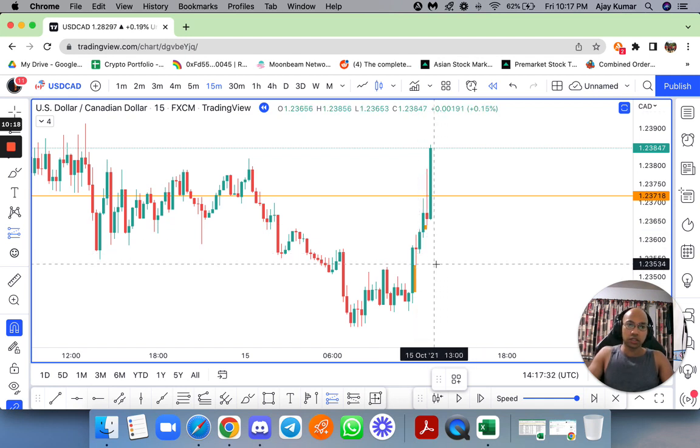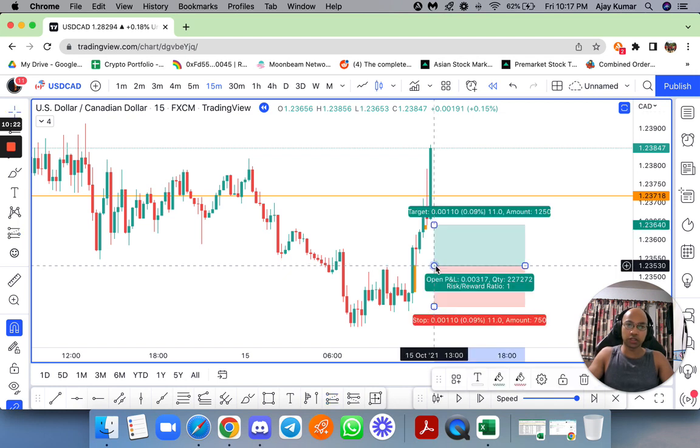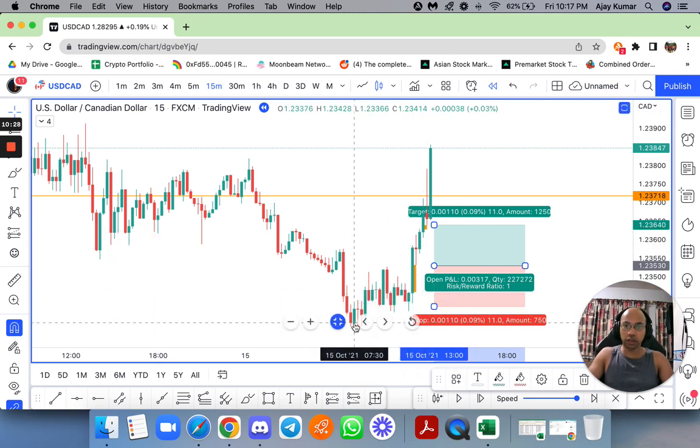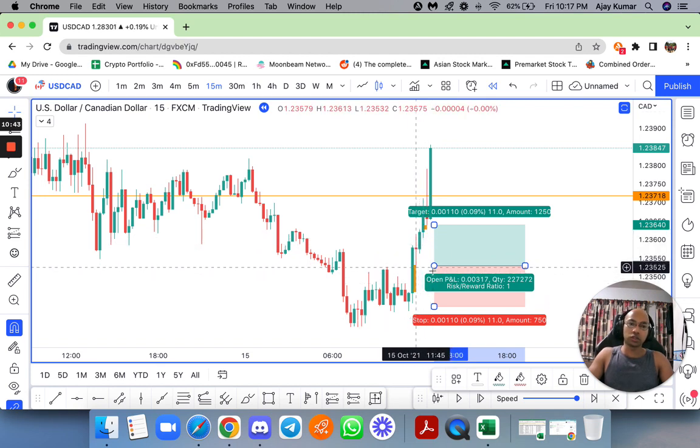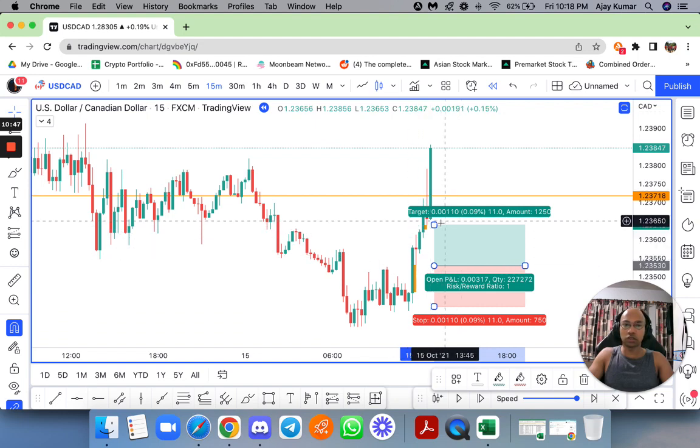The concept of premium and discount says that the price leg that broke the market structure, from here to here, is the entire leg that broke the market structure. We should enter the long in the discount region of that, somewhere below half of this leg, so that would mean we should enter here.